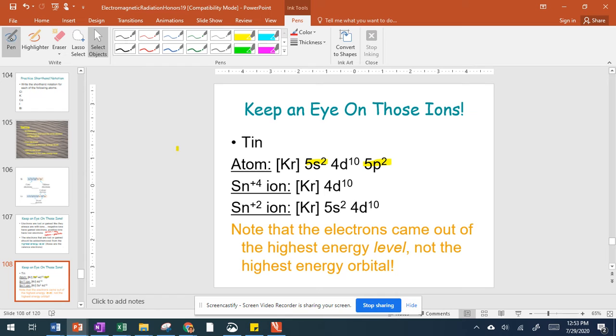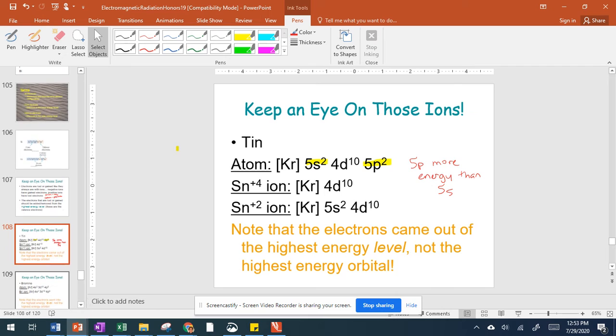So I'm actually going to write that in here. 5p has more energy than 5s. Okay, so we're always taking away electrons from the highest electron energy level, not the highest energy orbital.